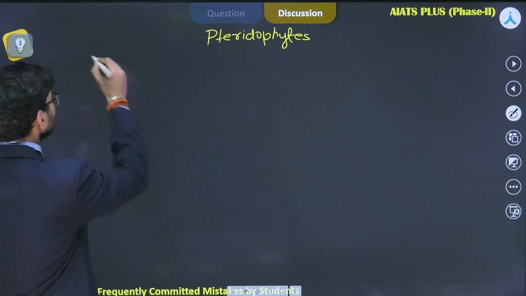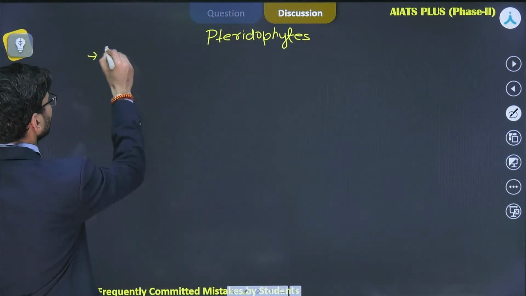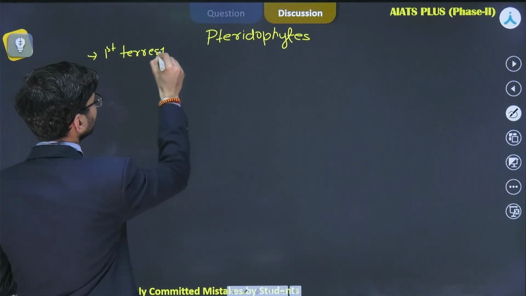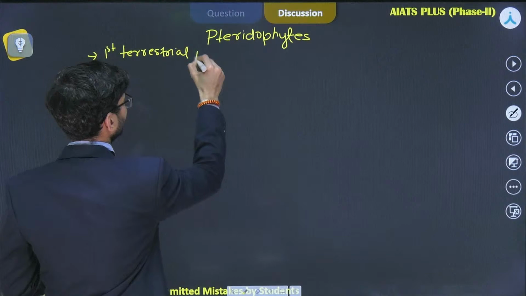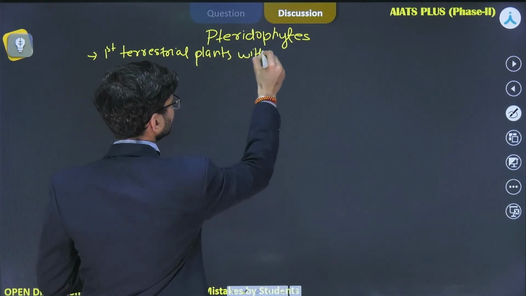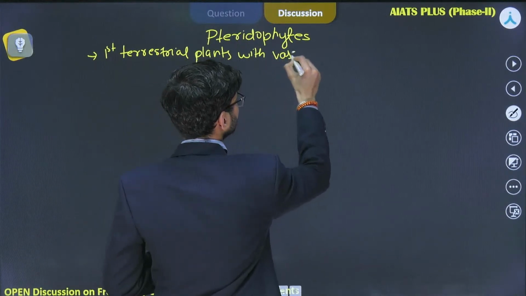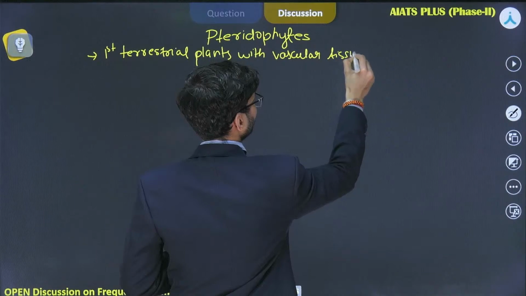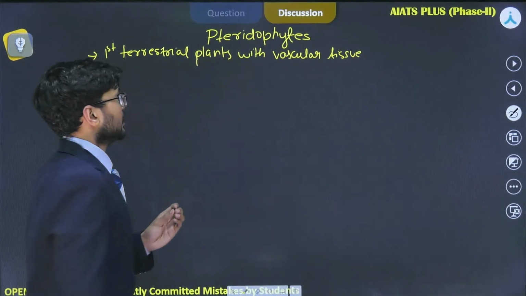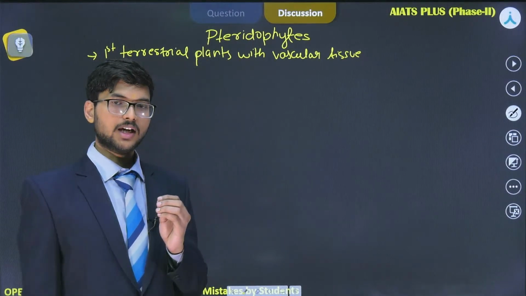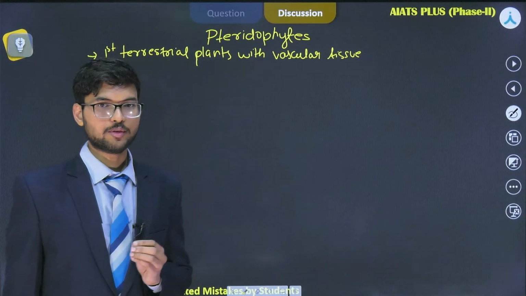Okay, these are the first terrestrial plants with vascular tissues.